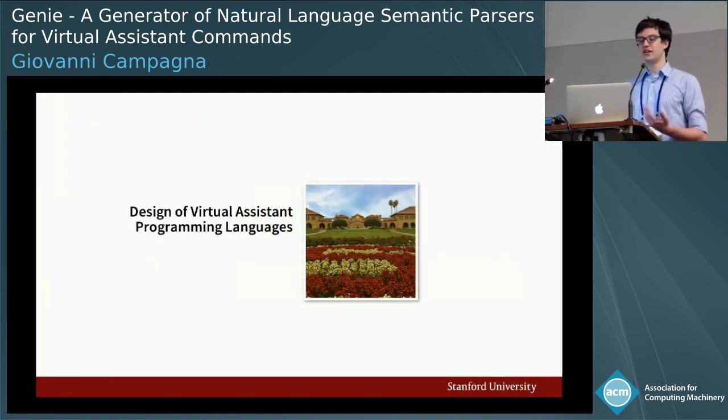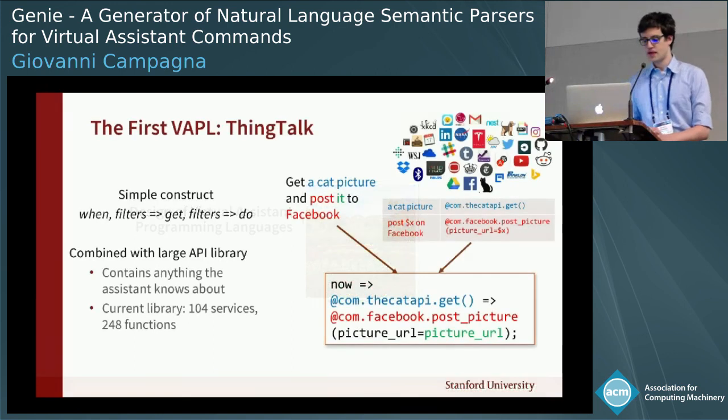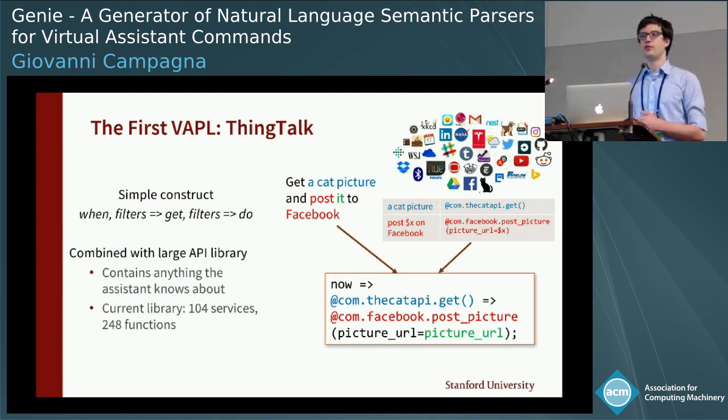And so we're going to translate into a programming language. So let's first describe the design of this programming language and how it influences the translation. Our first VAPL that we designed is ThingTalk. ThingTalk has a simple construct. It has when with filters, get with filters, and do.